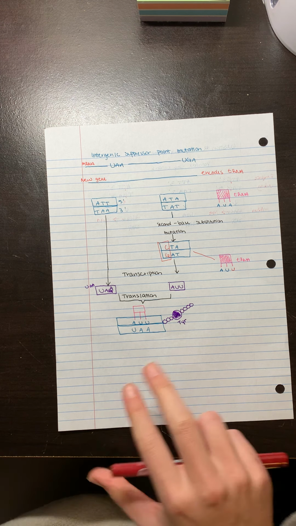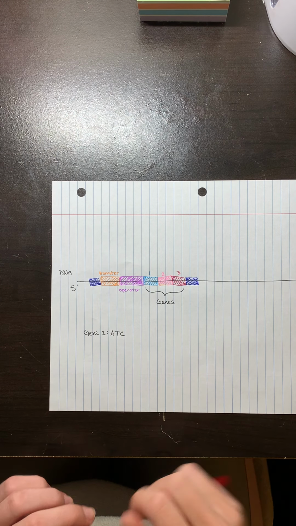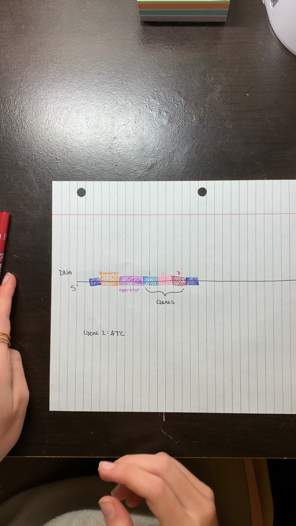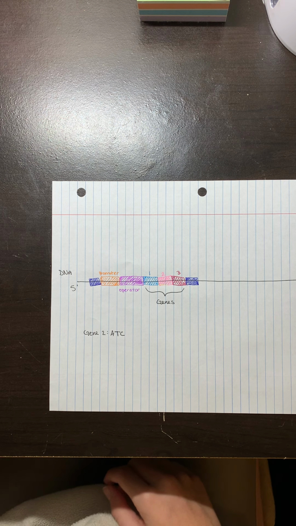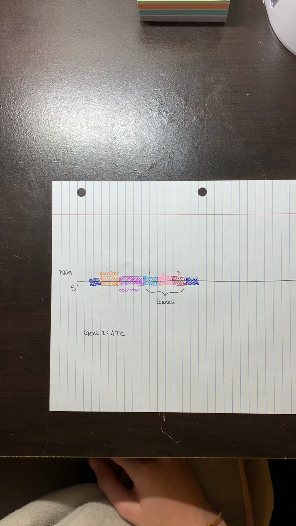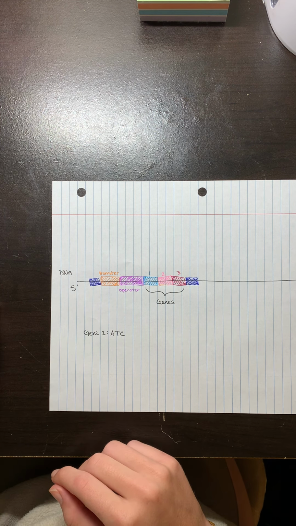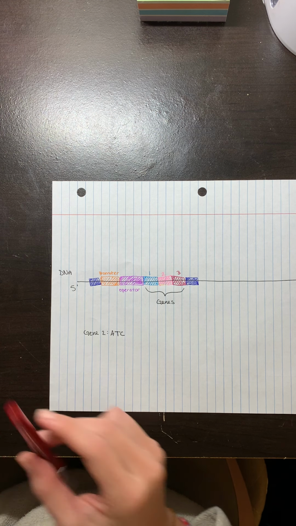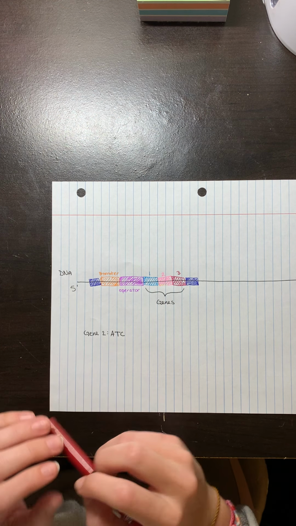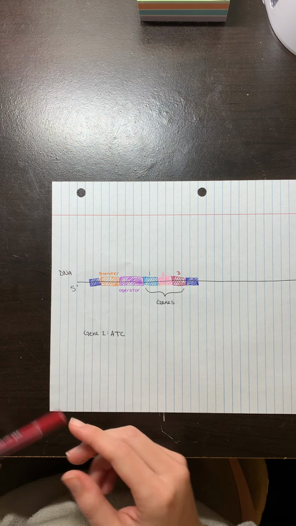Finally, let's pose a what-if question. Here we can see a strand of DNA that codes for an operon. Let's say for this example, it's a lac operon in a bacterial DNA. What if we exposed this DNA to the hydroxylamine?